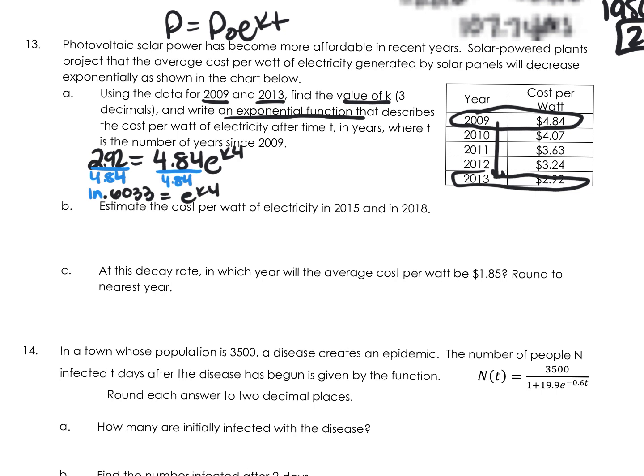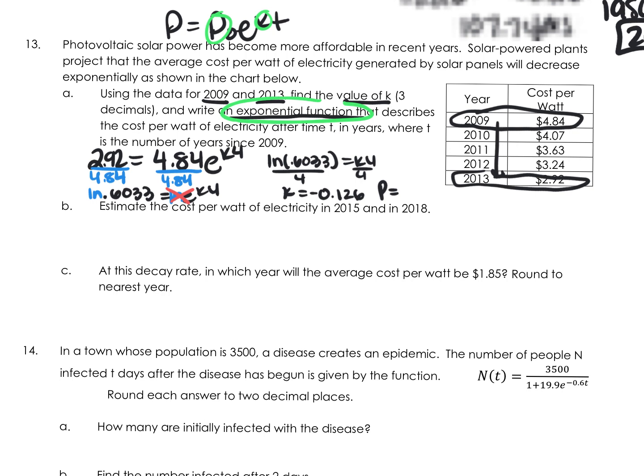Then we'll ln both sides, and we'll have ln of 0.6033 equals k times 4. Divide by 4, and you'll get k is equal to negative 0.126. So for our exponential function, again, we'll just fill in P0 and k.